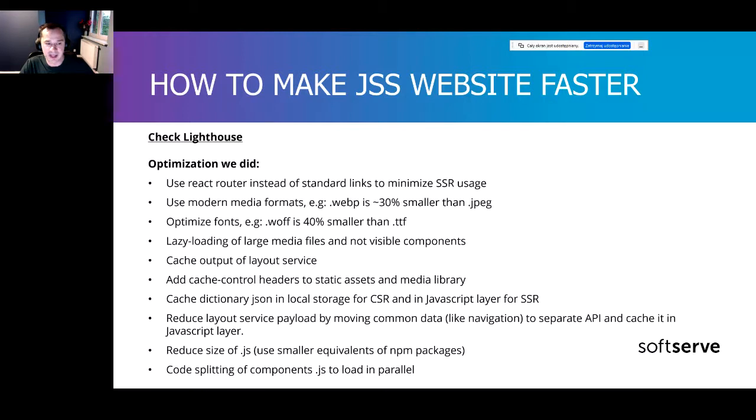Next, we use some modern media formats. For example, WebP is even more than 30% smaller than JPEG. And there is a community tool to automatically convert your media library items to WebP, or to optimize them if you want to keep the JPEG or PNG file, which is called Pianoga.